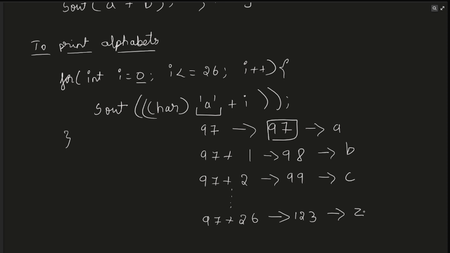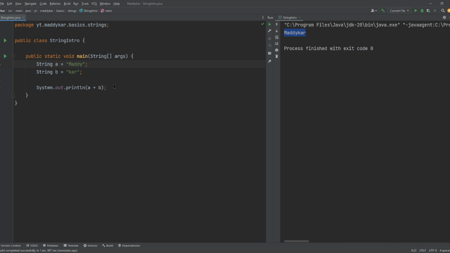Let us see the same thing in code. By the way, here we have used the concatenation operator and typecasting as well. Let us go to IntelliJ and try to print all the alphabets in English. Let me just comment this out.